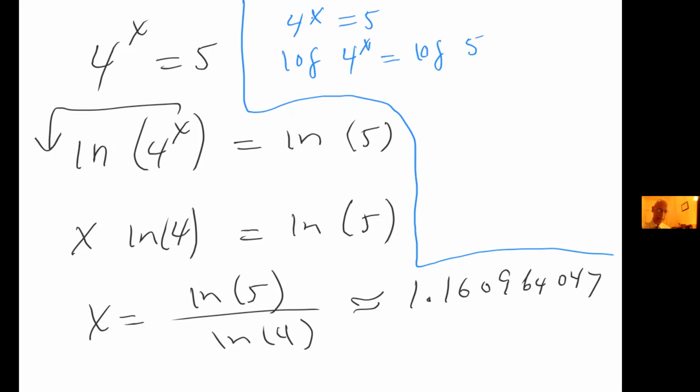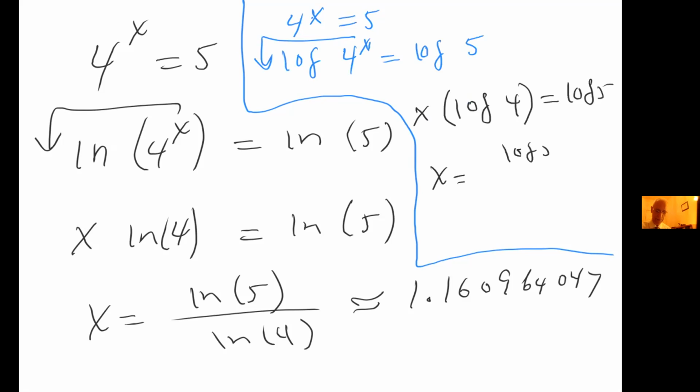Notice that now I can move the x down as a coefficient. So x times common log of 4 equals common log of 5. And so x equals common log of 5 divided by common log, or log base 10, of 4.